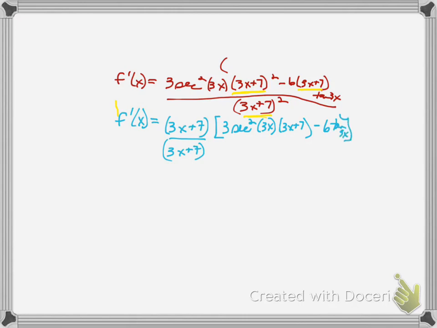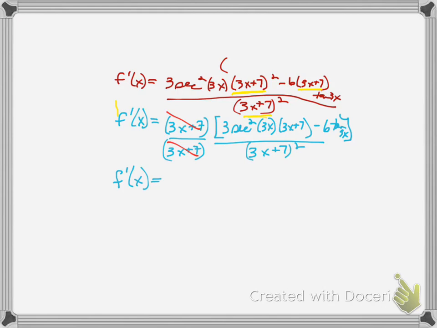Put that in the box. And then all over, I have one more of these guys left. Okay, now, what's nice about this is that 3x plus 7 over 3x plus 7 is just a 1, so that can go.